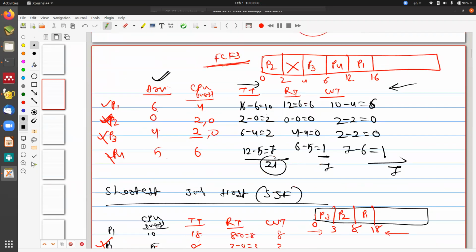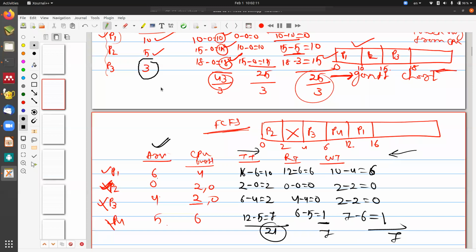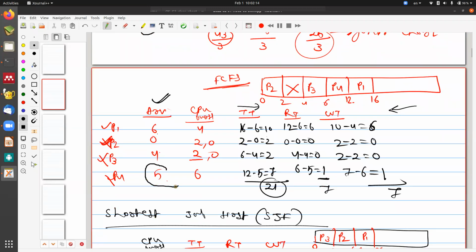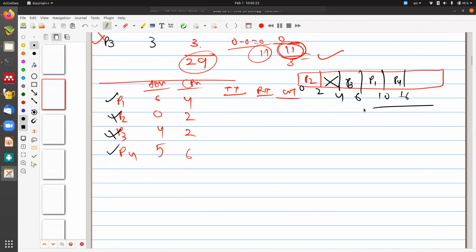In the FCFS chart it was P4 and P1, because P4 came first and P1 came later. But in this case, after 6 o'clock, once P3 completes, two jobs have arrived, P1 and P4. As per SJF, whichever has the less execution time is executed first. Since P1 has 4 units and P4 has 6 units, P1 will execute first.